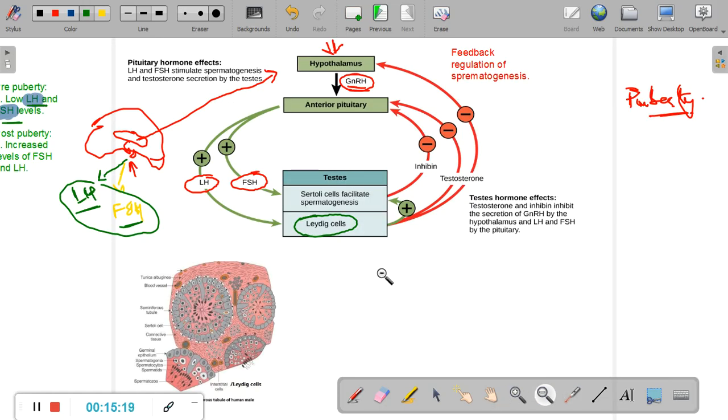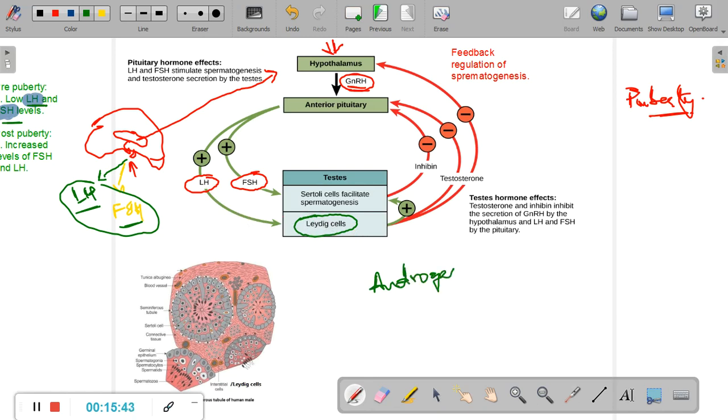And what happens when the luteinizing hormone is received? All the cells are going to come in contact with these hormones, but Leydig cells will react to this particular hormone and undergo certain metabolic changes. And what do the Leydig cells do? Leydig cells start producing androgens.